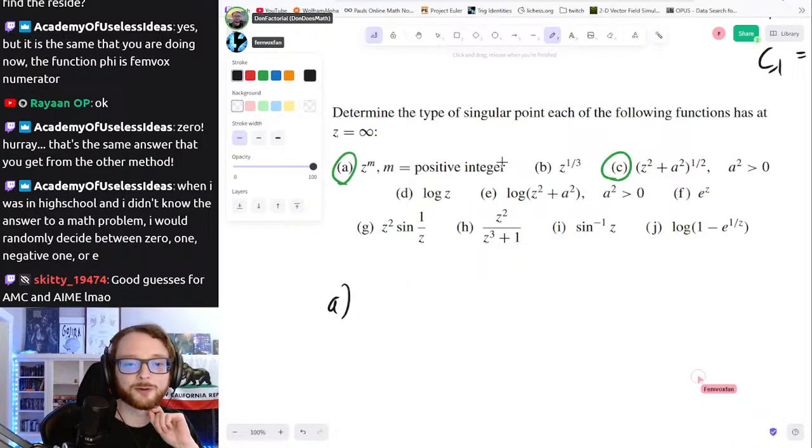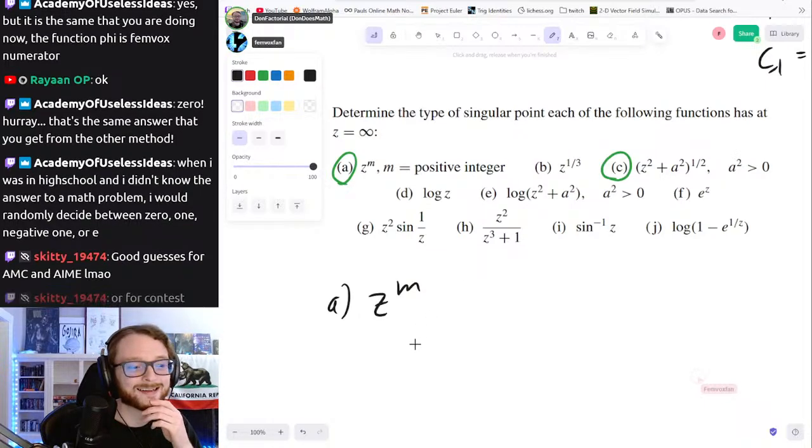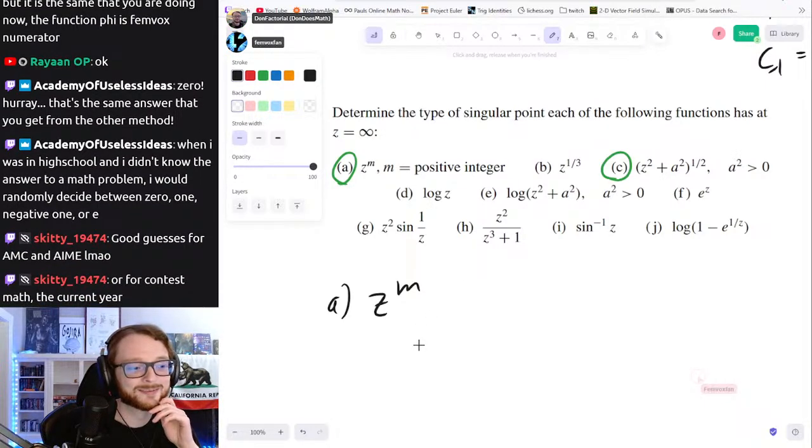That's not a type of singular point. No, I mean for m, because m's a positive integer. Okay, I'm just saying, let's make it equal to 1 to make it easy. Unless it depends on m, but I don't feel like it would depend on m. No, I have a feeling it might. It's going to be a pole of order m, maybe. It's a pole of order m or something.